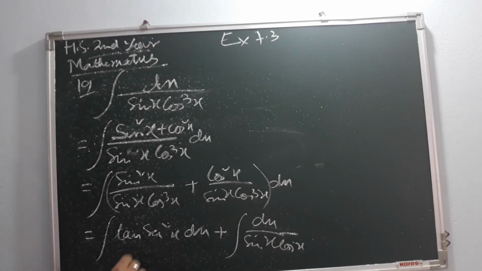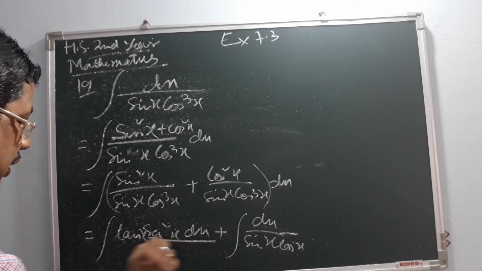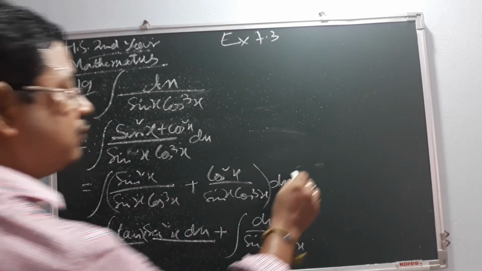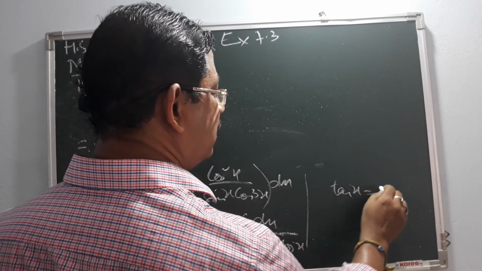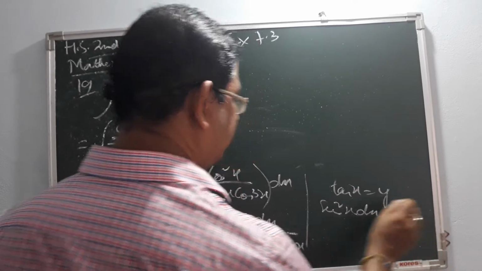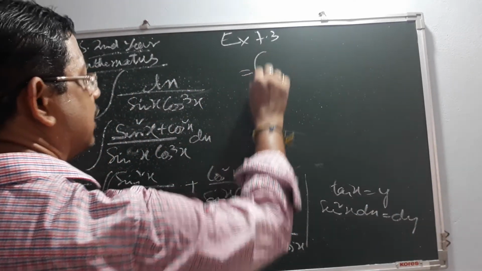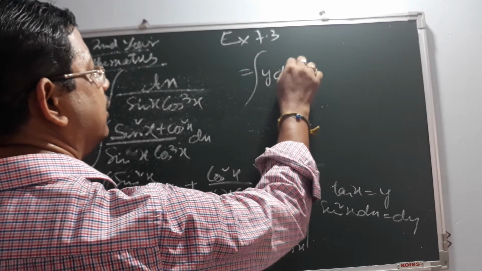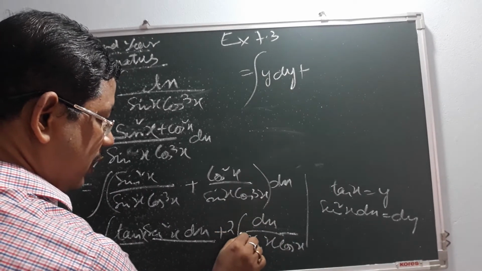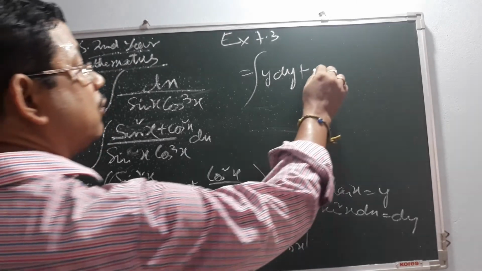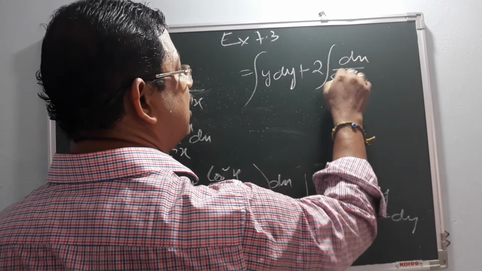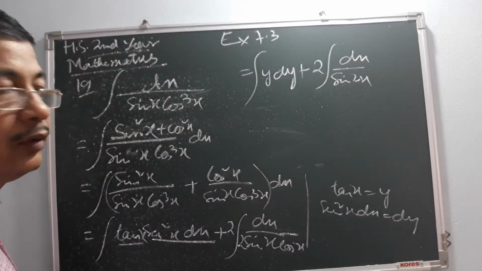Now students, you see that this one is the differentiation of this one. So if we substitute tan x equal to y, then sec square x dx will be dy. For this one only we can say this is the integral of dy by y. For this one, if we write 2 here, we can give 2 here also. So we can write the integral of dx by sin 2x, where the sin 2x formula is this one.